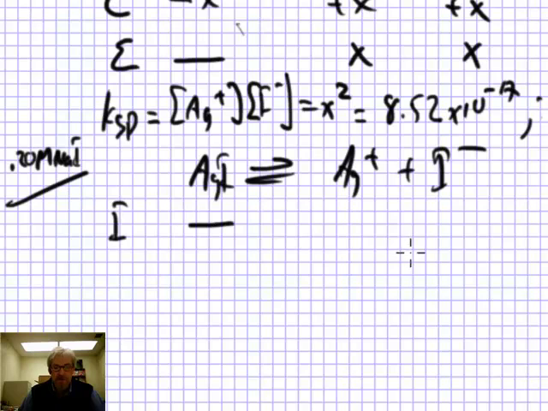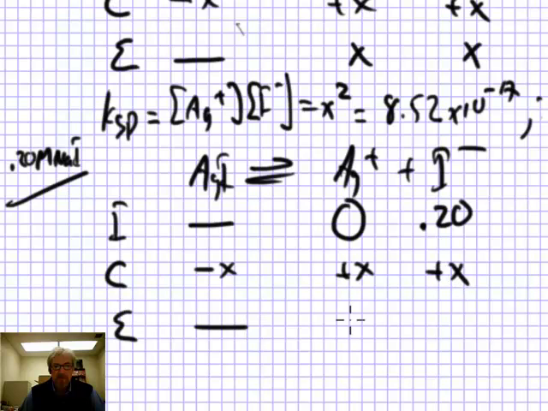There's no silver in solution, but the NaI solution, as we saw, provides us with a 0.20 molar I- solution initially. So there's a change, and the change is still 1-to-1 stoichiometry, minus X, plus X, and plus X. So that at equilibrium, the Ag+ concentration is going to be X, and the I- concentration is going to be 0.20 plus X.